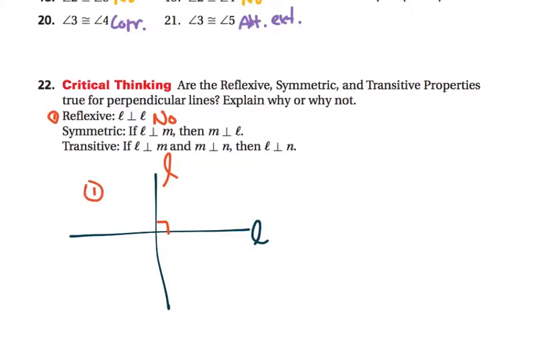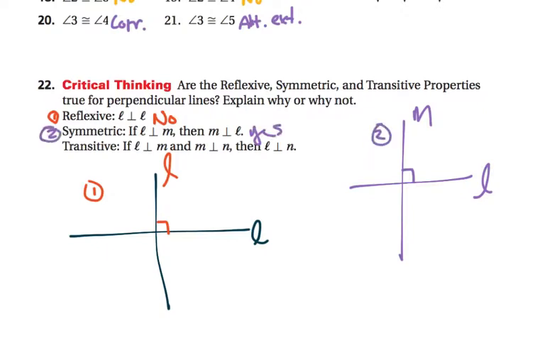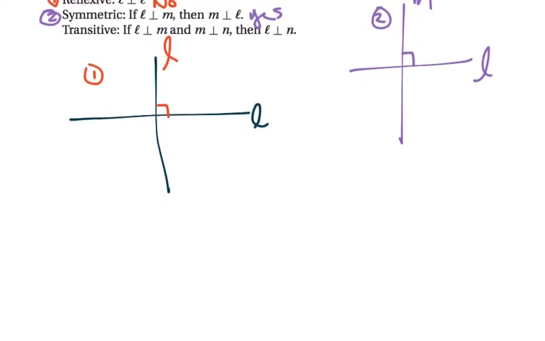Alright, symmetric, so the symmetric property says that if L and M are perpendicular, that you can then flip it around and say M is perpendicular to L, and that's a yes. The transitive property says, okay, so we need some more colors here.